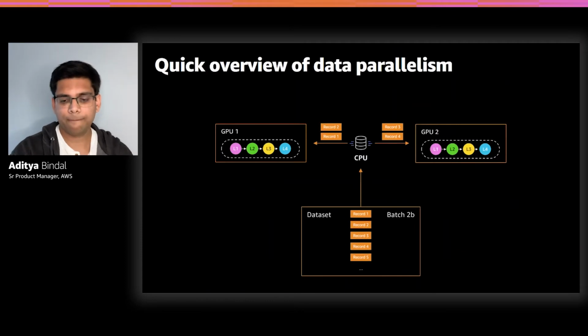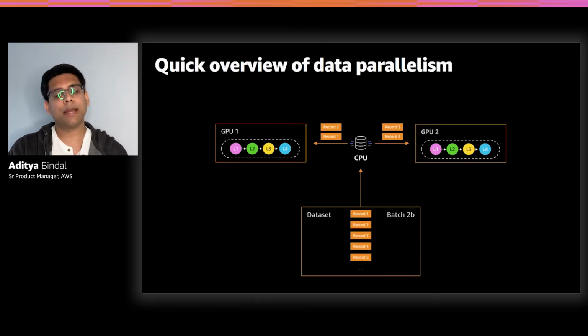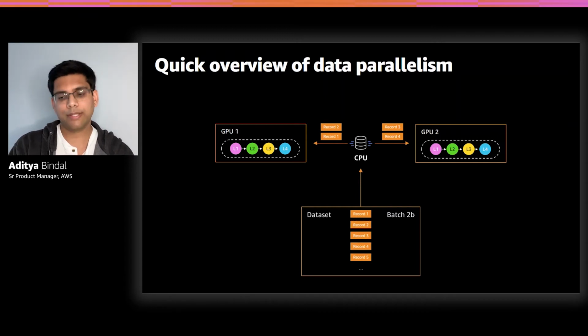The core idea is that you parallelize training by giving each GPU a replica of the model. In this example, we have a simple 4-layer neural network model, and each GPU has a complete copy of this model. And then each GPU gets a subset of the training data.